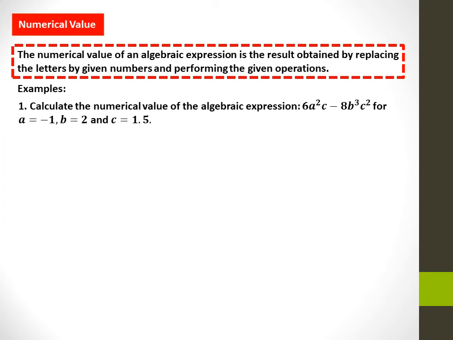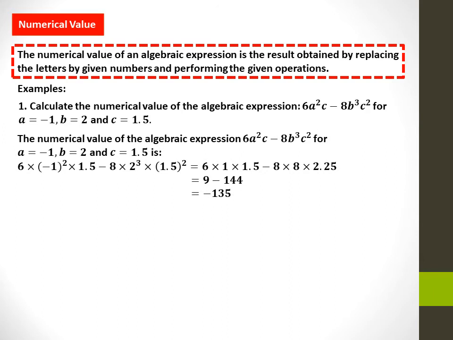Examples. 1. Calculate the numerical value of the algebraic expression 6a to the power of 2 c minus 8b to the power of 3 c to the power of 2, for a equals negative 1, b equals 2, and c equals 1.5.